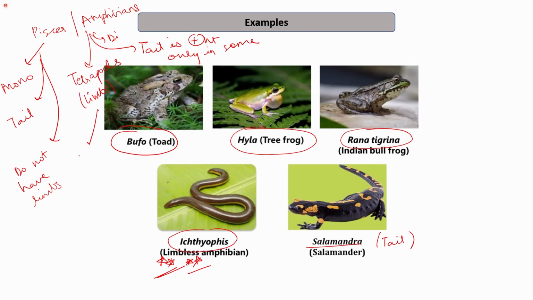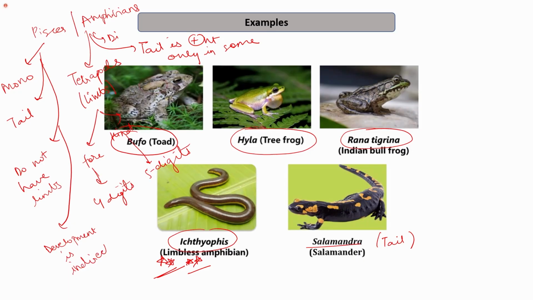So they have forelimb and they have hind limb. Their forelimb has 4 digits, while their hind limb has 5 digits. Also, their development is indirect. In Pisces, the development is direct.